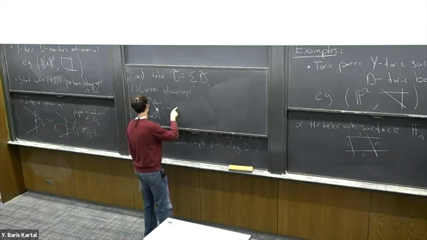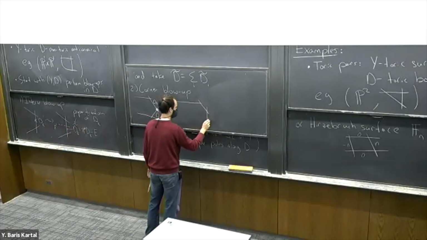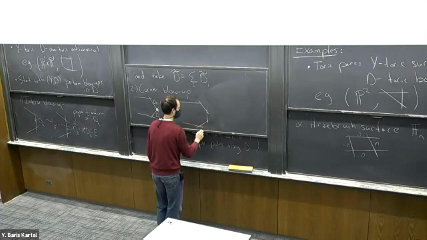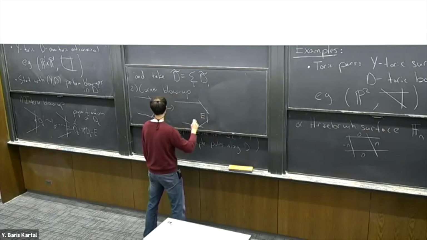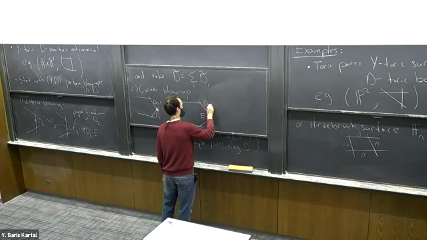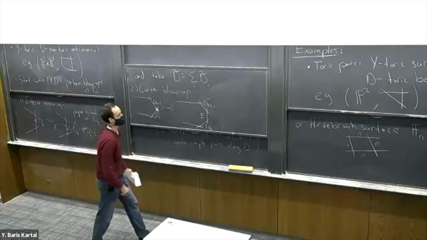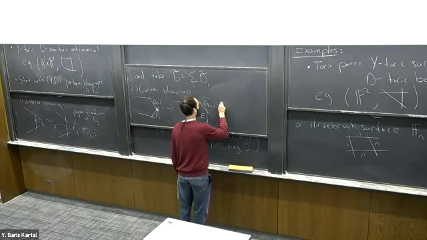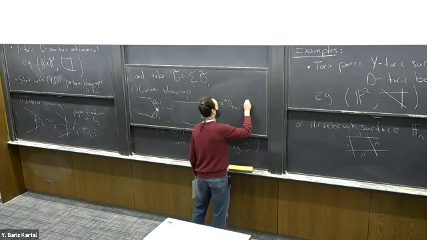So I'm going to add the exceptional locus to my collection. So now I have E here. Here I have Dk plus 1 tilde, and here I have Dk tilde. And each of these now are in the class the pullback minus E.